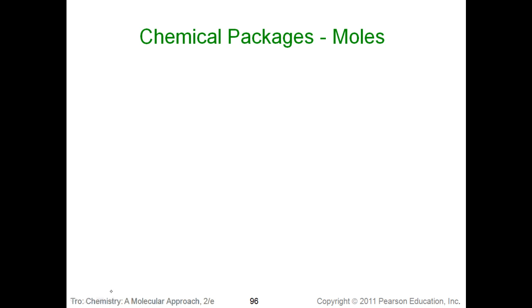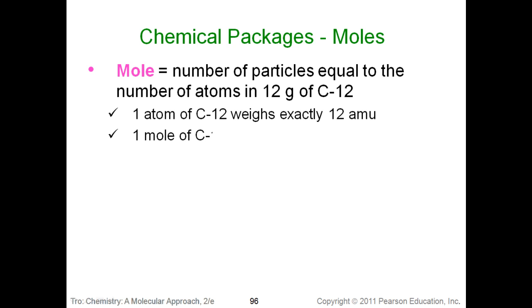Well, the mole does the same thing for us. And why the mole is so important, again, is because all the elements on the periodic table weigh different amounts. And it's not about the mass or quantity that you have when you're doing a chemical reaction. It's, is there one atom to react with another atom?